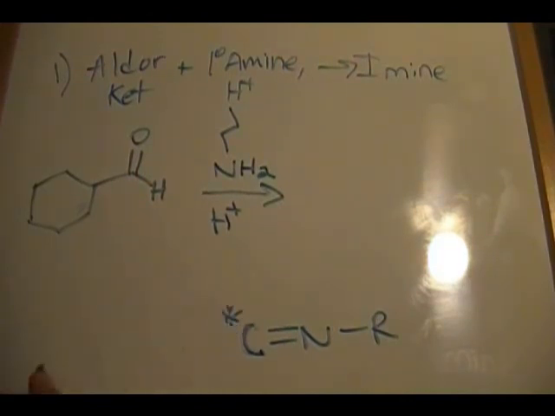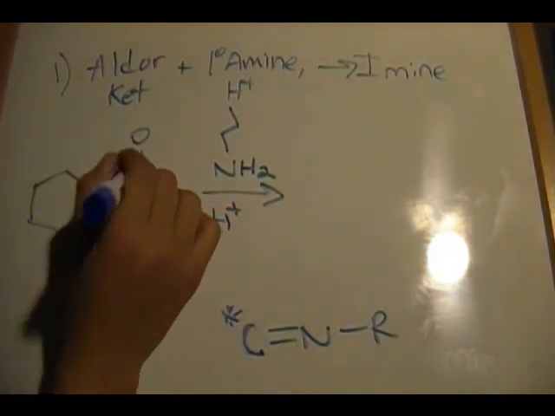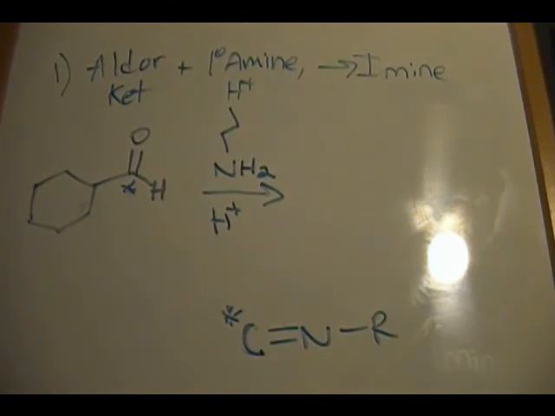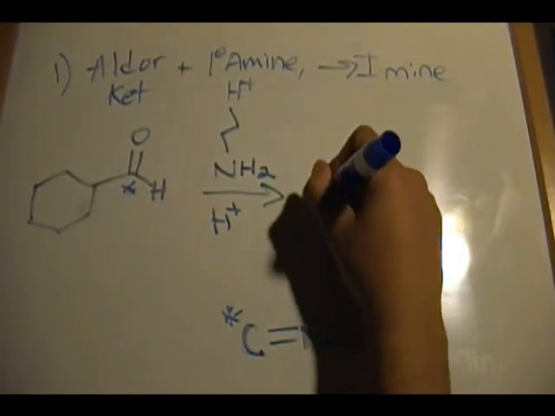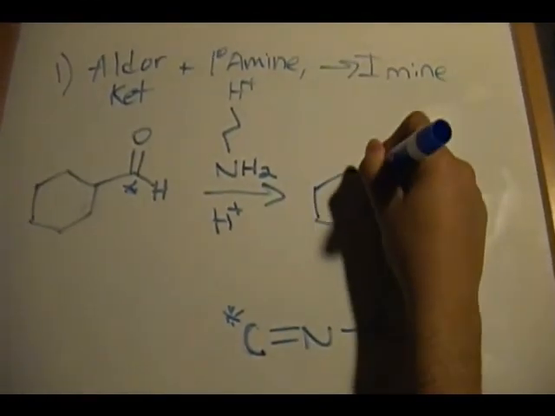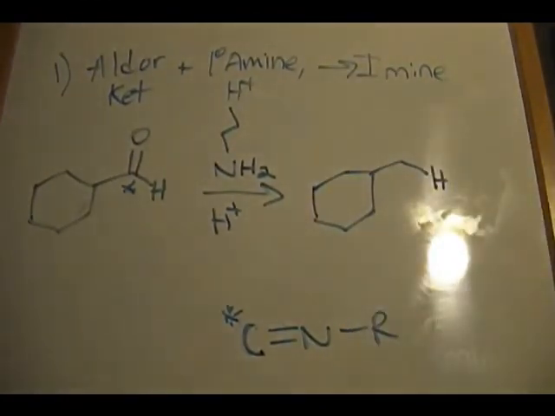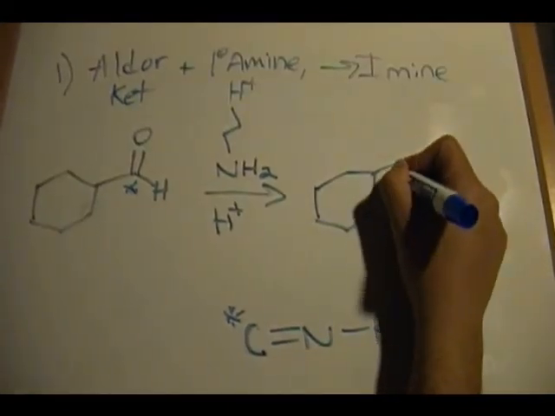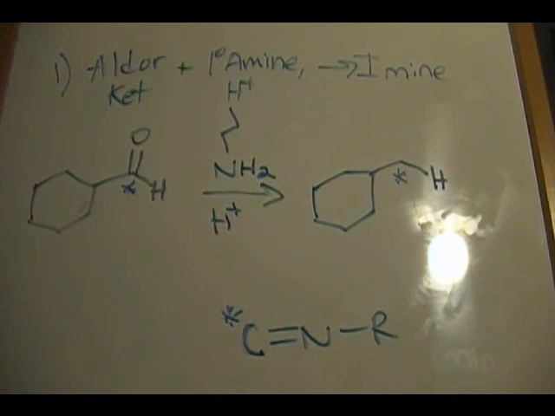In order to draw the product, we like to label our star carbon, which is our carbon of the carbonyl. Let's draw our starting material without the double bonded O, and label it with a star. Now we draw a double bonded nitrogen with the R group.